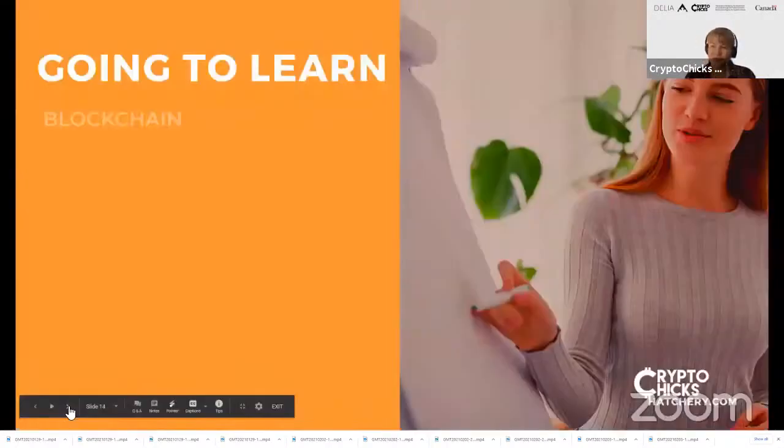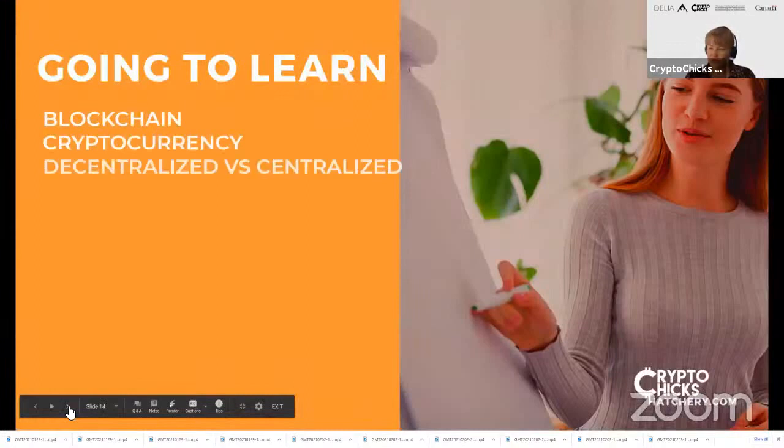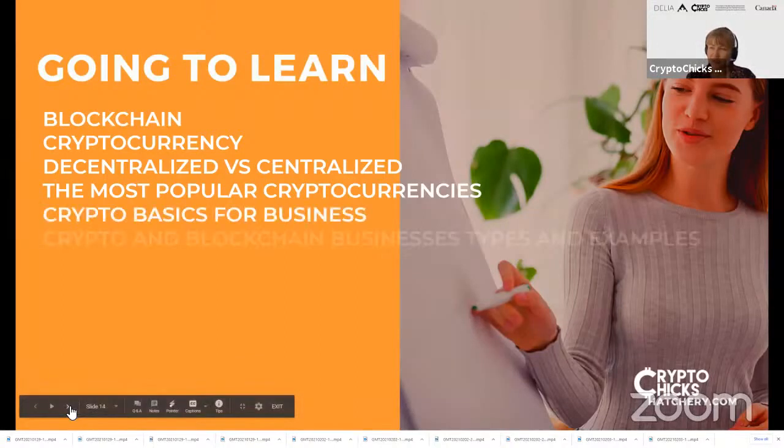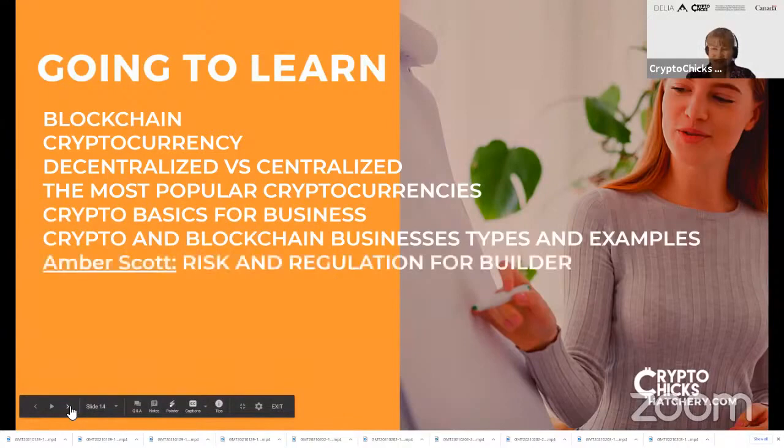Today we're going to just touch a tad on blockchain and cryptocurrency. We're going to go through centralized versus decentralized as well. And we're going to look into the most popular cryptocurrency, crypto basics for business, and crypto and blockchain business types and examples.